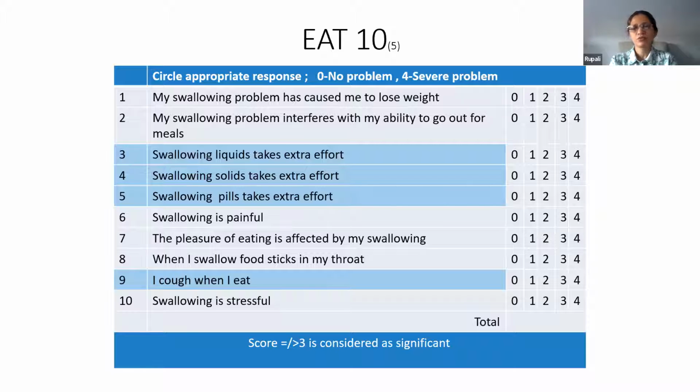So it is good to have this kind of assessment, and we can watch these patients during the perioperative period to see if they need any speech and language therapy input as early as possible.